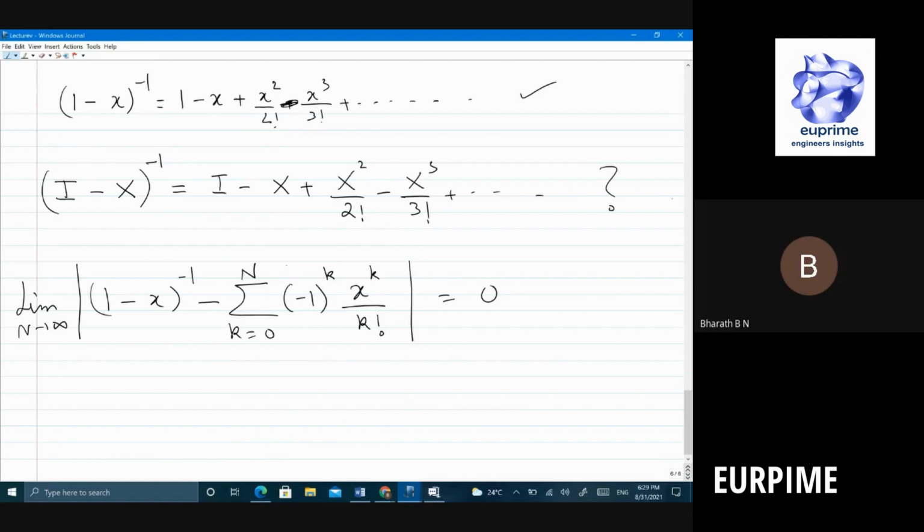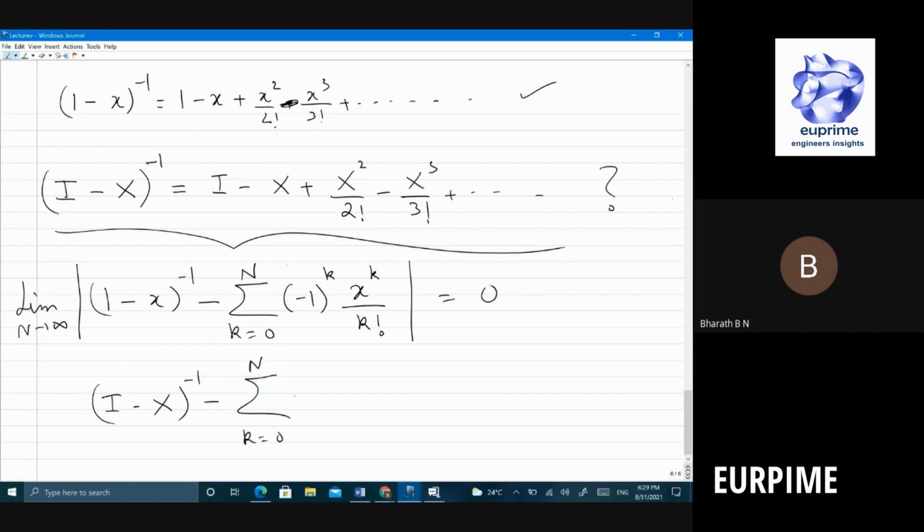Okay. Now, what does this mean here, right? So this also means I have to look at I minus x whole inverse minus, this is the meaning, right? Minus 1 power k x power k over k factorial. This is the difference. But can I take absolute value here? Can I take absolute value, or what should I take?